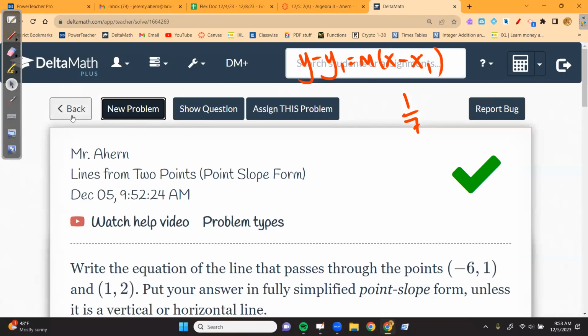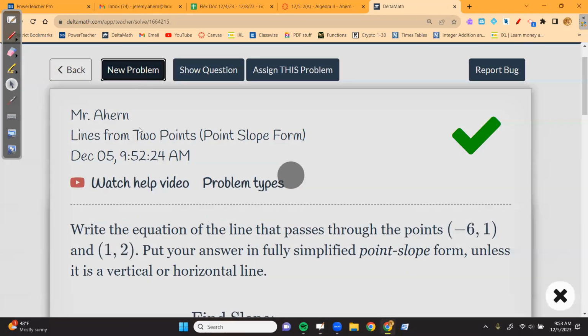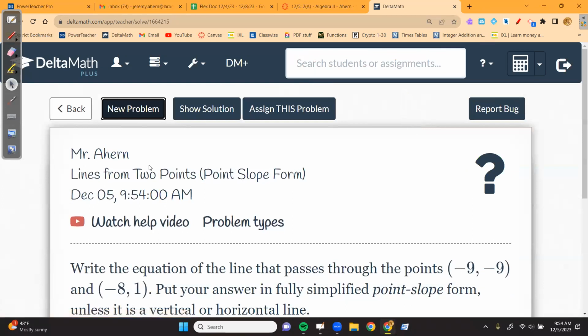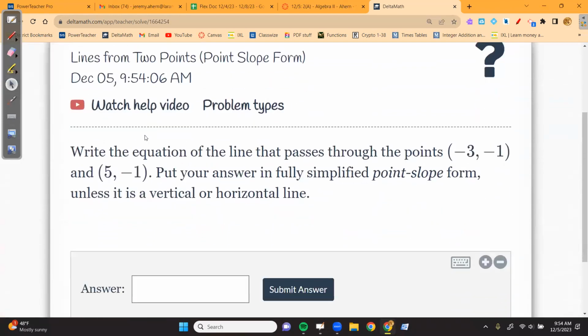And this is the part I'm going to make sure I get on recording that I left out earlier. There will also in this section sometimes be problems where your slopes come out to, let me find one for you here. There's one. So on this one, you'll notice that when you do your y2 minus y1, it's -1 minus -1, right?